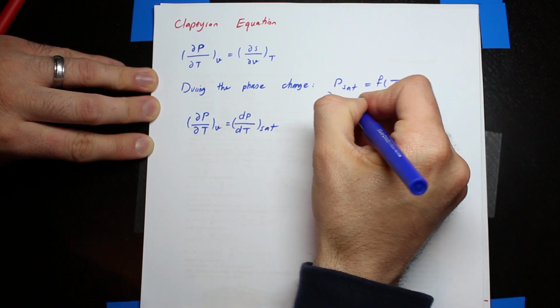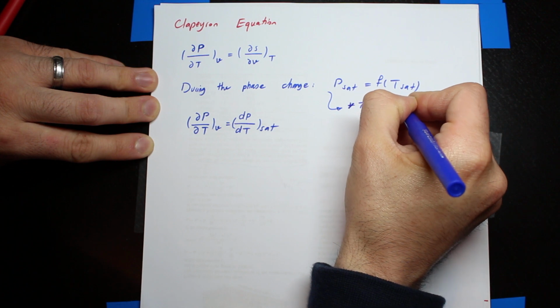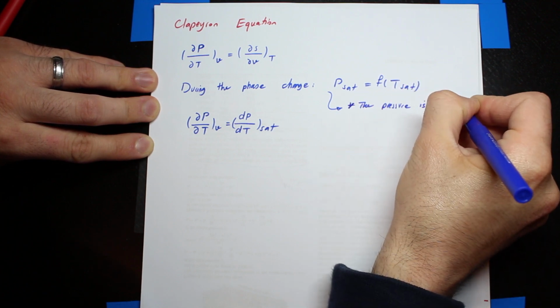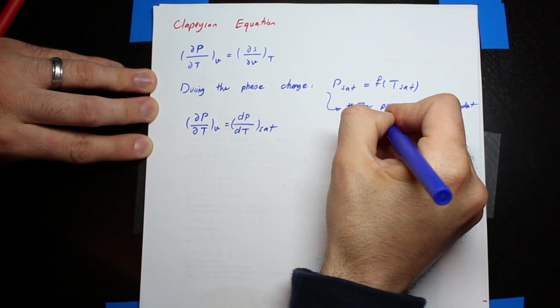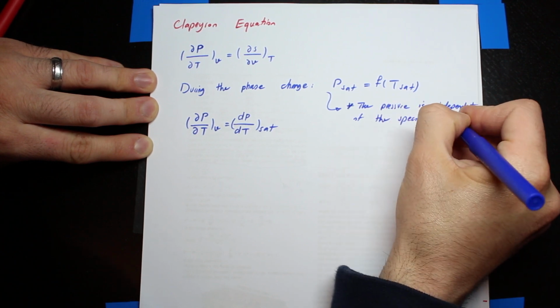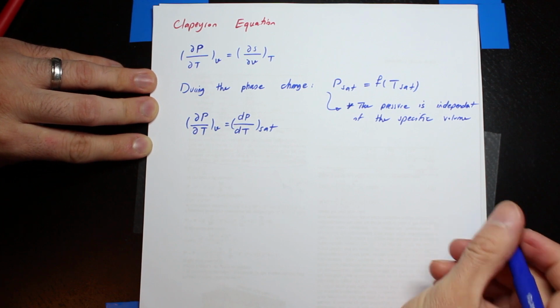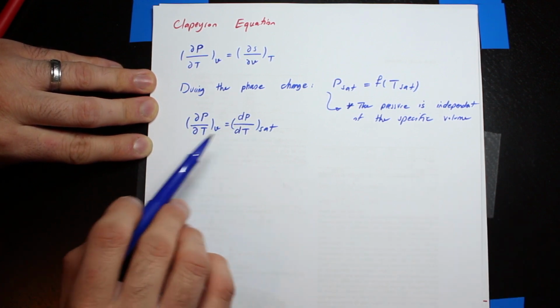One of the conclusions is that the pressure is independent of the specific volume. Okay, so because the pressure is independent of the specific volume, then we can change the partial signs into d signs.